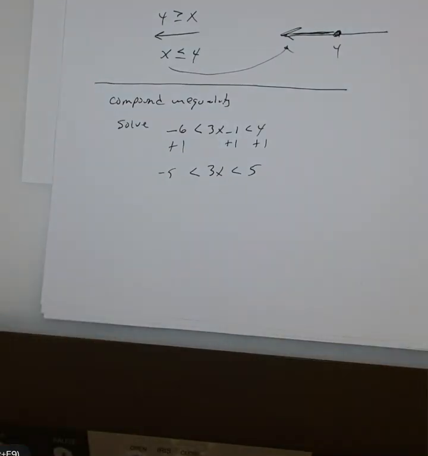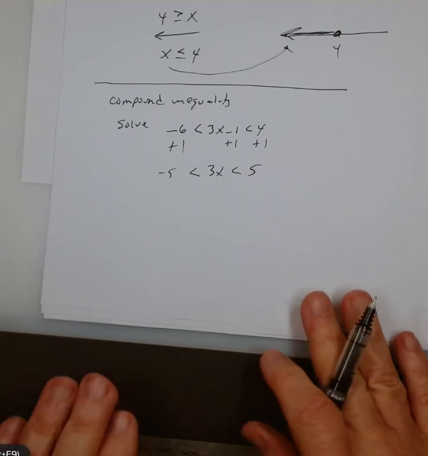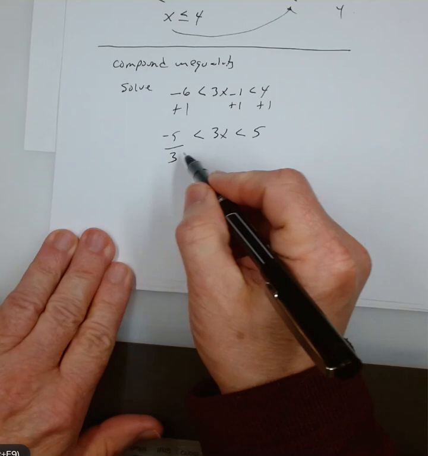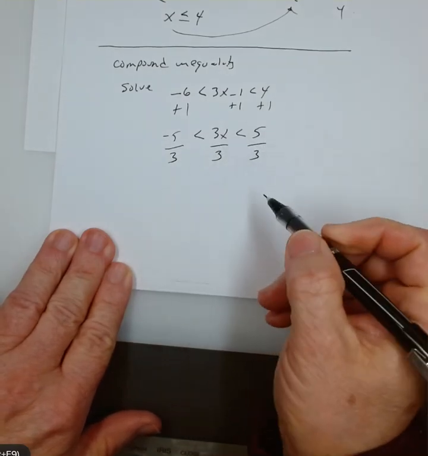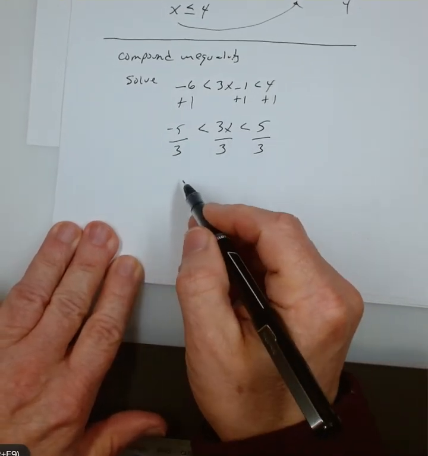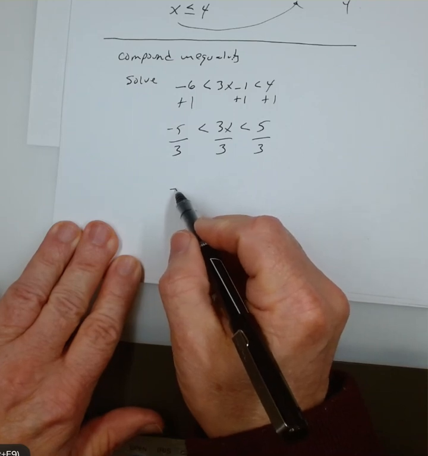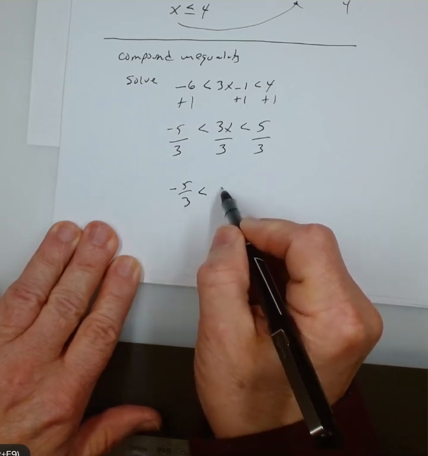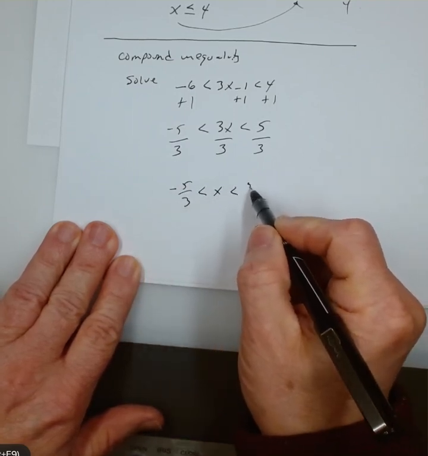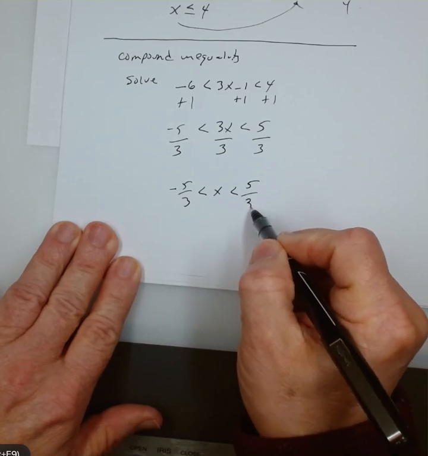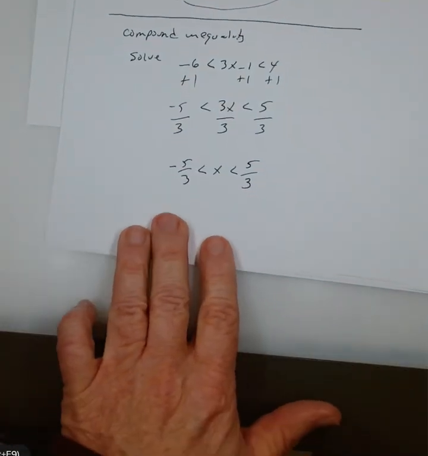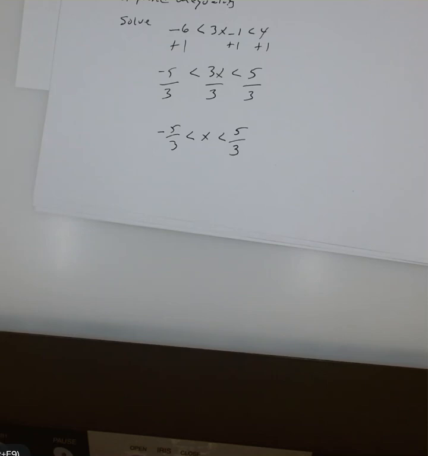What's the next step? Divide all parts by 3. And then you're done. You found your solutions. So my solutions are going to be any real number that is between negative 5/3 and what number? 5/3. So any real number between negative 5/3 and 5/3.